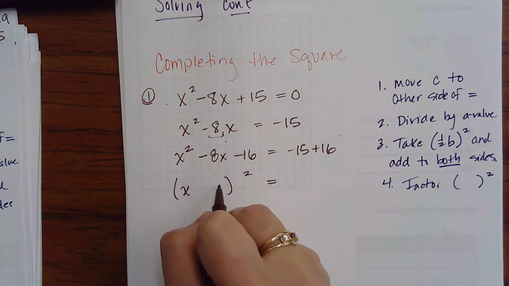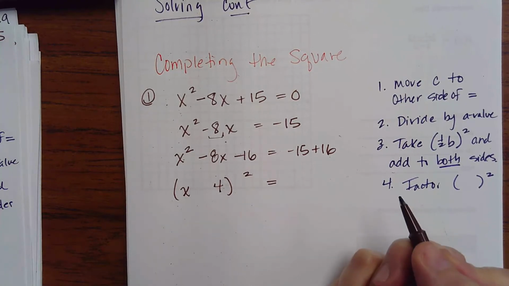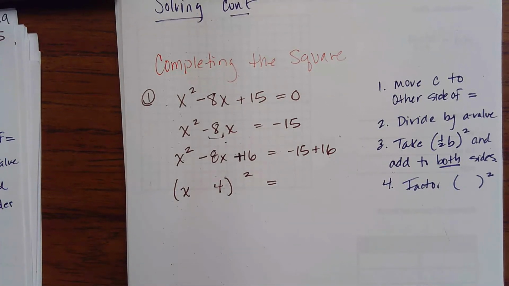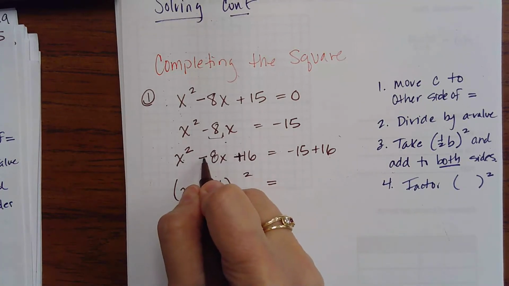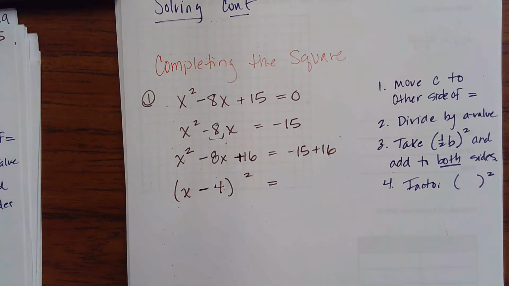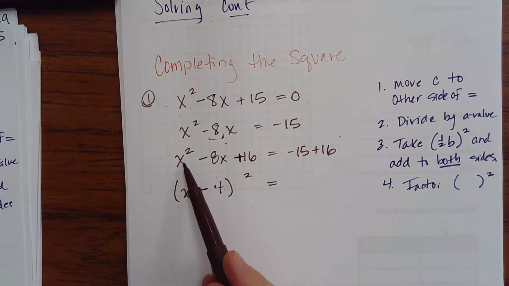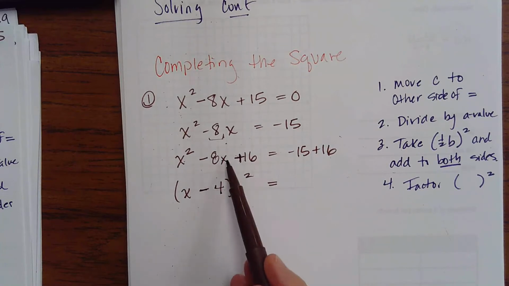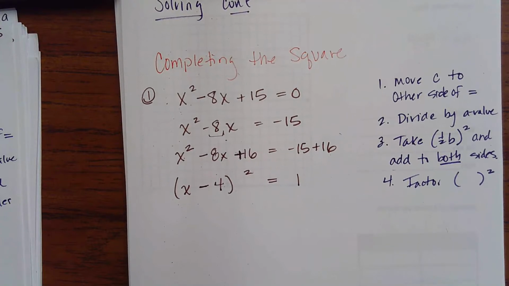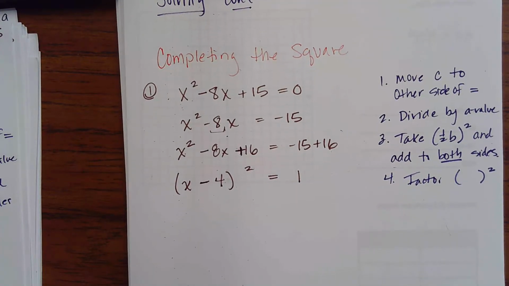The square root of the last term, which is 16, is 4. Whoops, I forgot to make this a plus, sorry. We add 16 to both sides, which is why that is a plus. And then whatever this middle sign is here is what goes inside your parentheses. So this perfect square trinomial factors into x minus 4, x minus 4. If you were to FOIL out x minus 4 and x minus 4, you would get x squared minus 8x plus 16. And then over here, if I added -15 and 16 together, I get +1.